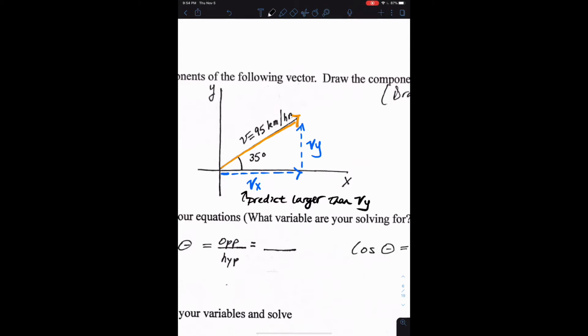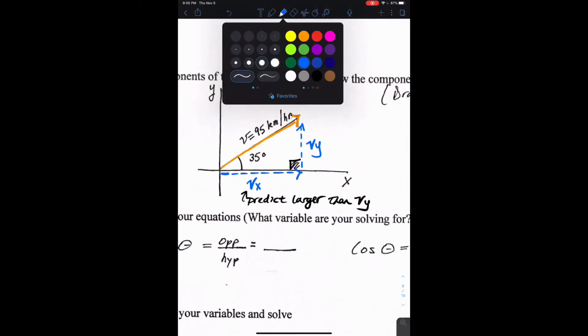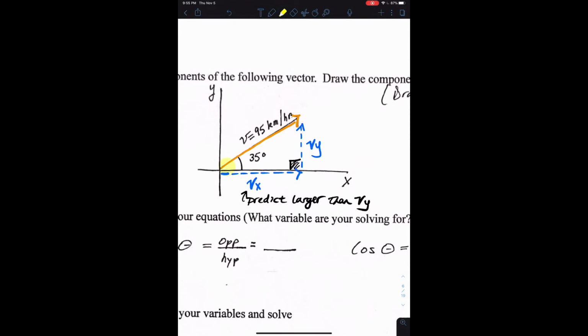Now, it won't be as large as 95. And we know that because the x component and the y component have a 90-degree angle between them, because that's the angle between the x direction and the y direction. It's 90 degrees.